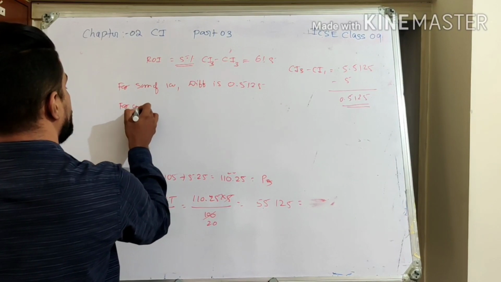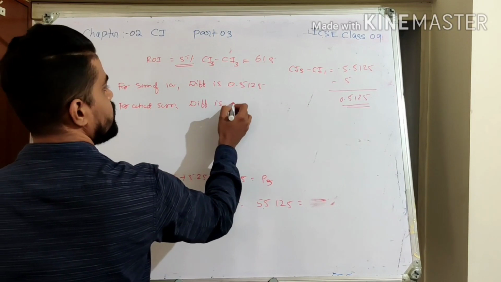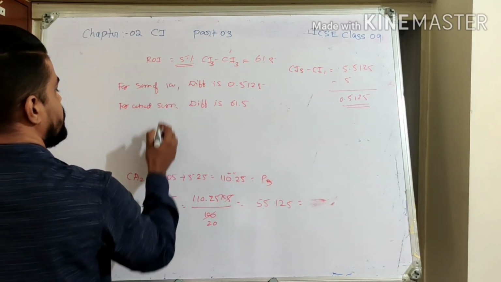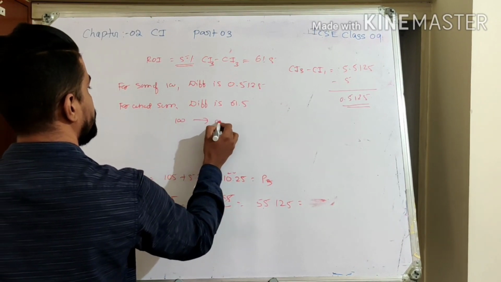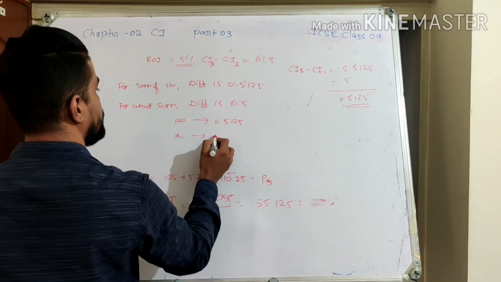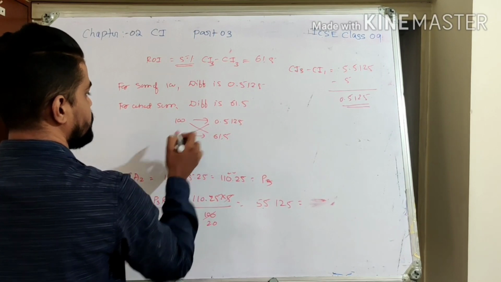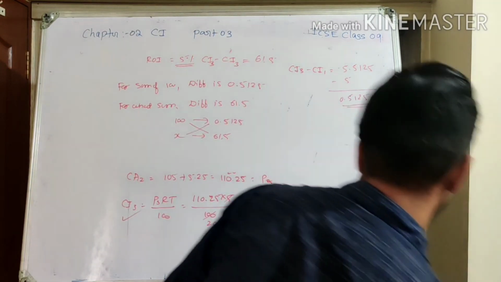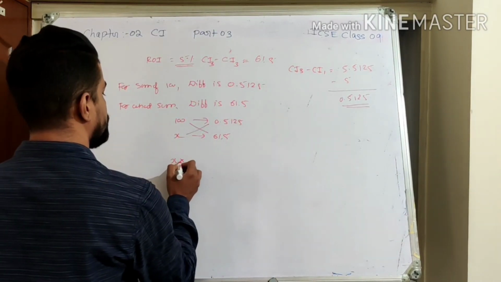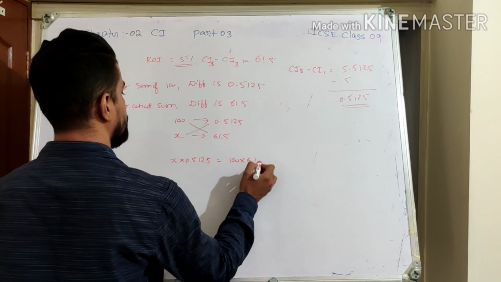Then for what sum, difference is 61.5. So let us assume that as per 100 we have got 0.5125. For x, what is the amount? That is 0.615. So what we should do is, we have to do the cross multiplication because it is directly proportional. Okay. So then what happens is, x into 0.5125 is equal to 100 into 61.5.